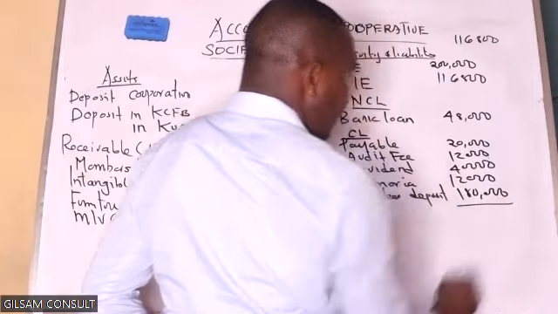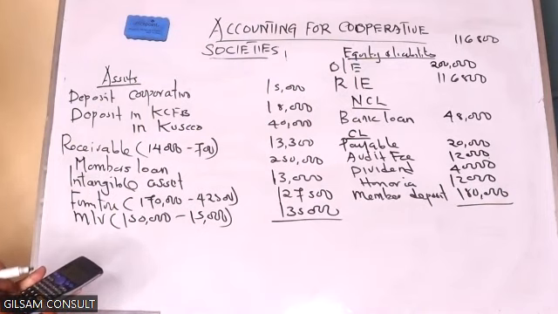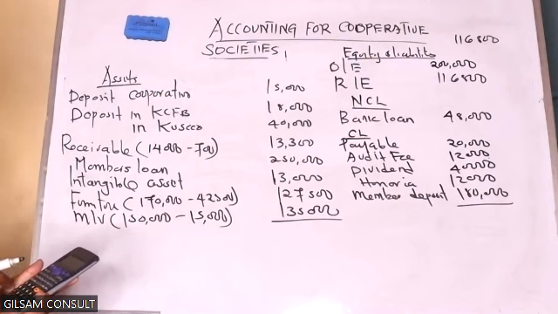It's not our money. So get the total. 15 plus 18 plus 40 plus 13.3 plus 250 plus 30 plus 112 plus 45, getting 60.